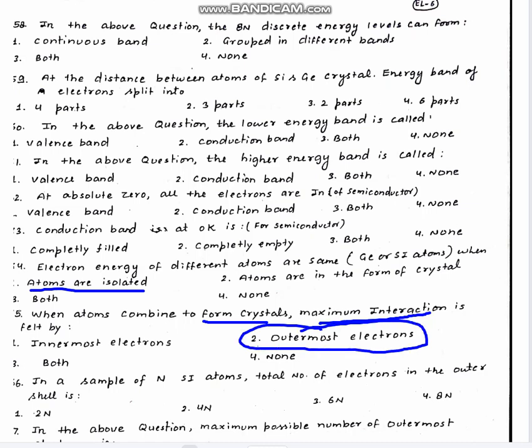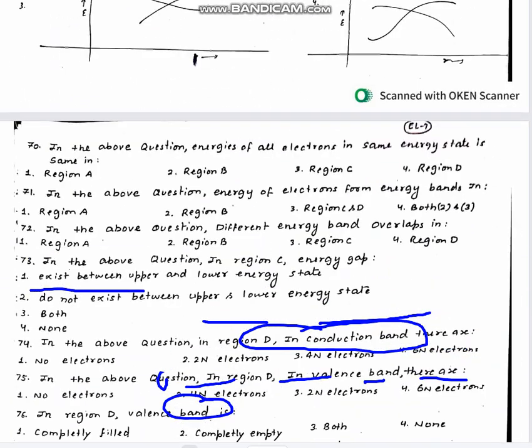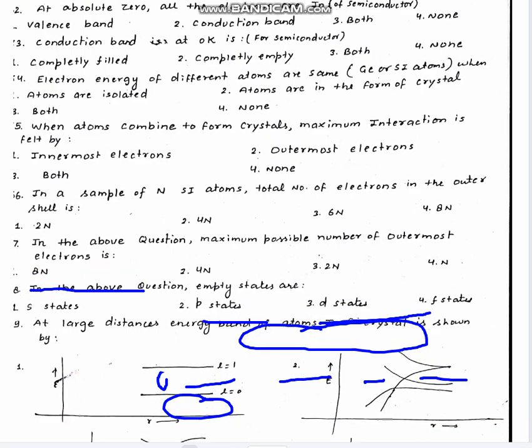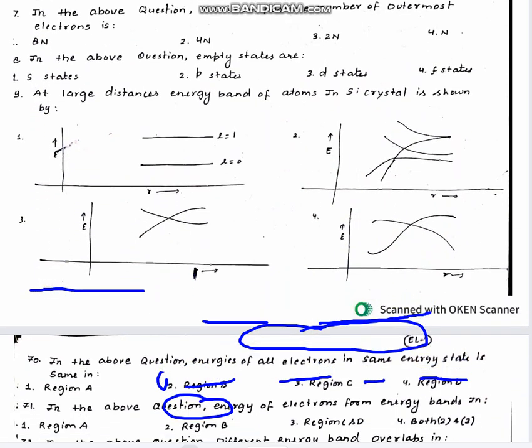Then in a sample of n silicon atoms, the total number of electrons in the outer shell is 4n. Next, the maximum possible number will be 8n.